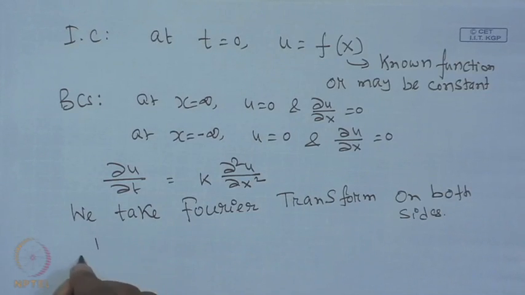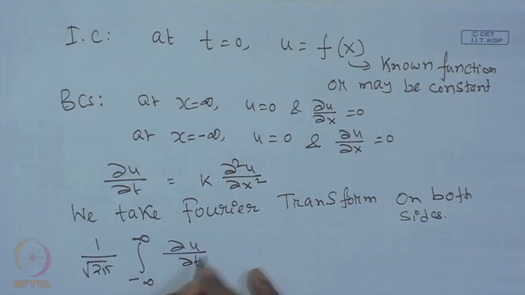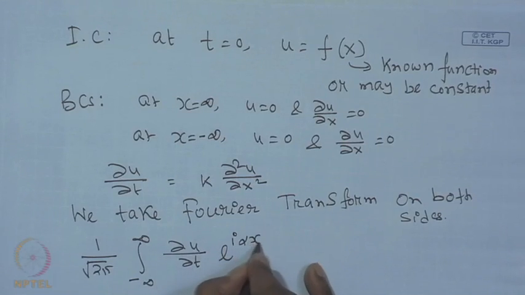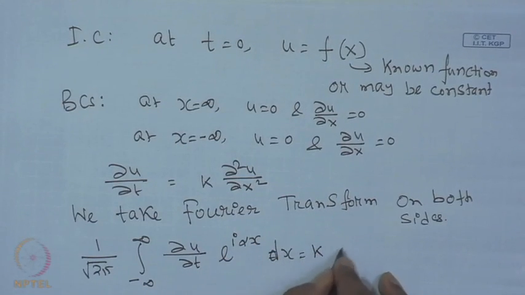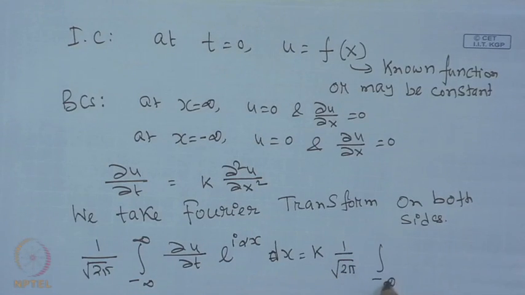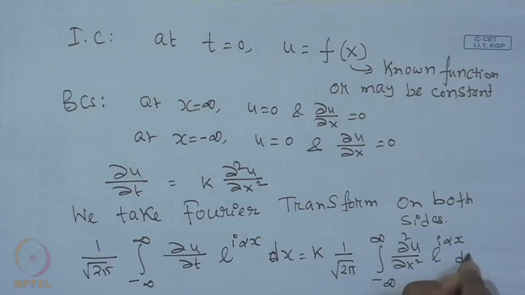So, 1 over root 2 pi, integral from minus infinity to plus infinity of del u del t e to the power i alpha x dx is equal to k times 1 over root 2 pi, integral from minus infinity to plus infinity of del square u del x square e to the power i alpha x dx.